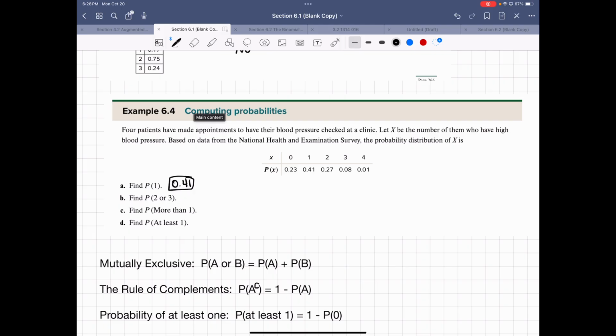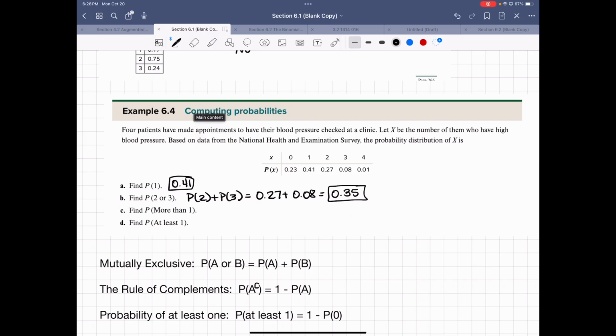One doesn't have anything to do with the other. So I can just literally find the probability of 2 plus the probability of 3. Okay, so that's going to give me 0.27 plus 0.08, which is actually 0.35. Okay.